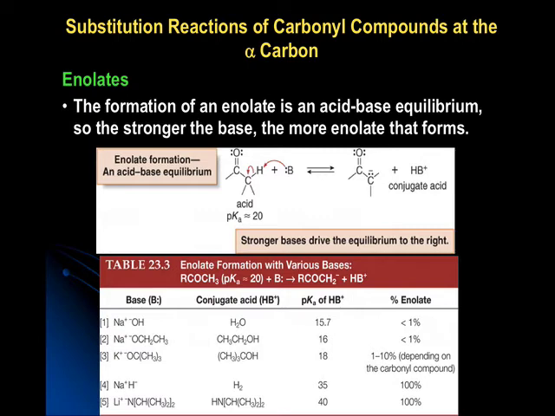Technically, you can buy LDA, but every time I've ever bought LDA, it's crap. Because it's such a strong base, it slowly reacts with air and things that it comes into contact with. So most chemists that are worth their weight in salt actually make this stuff on demand. Okay? So how do I go from there to there?